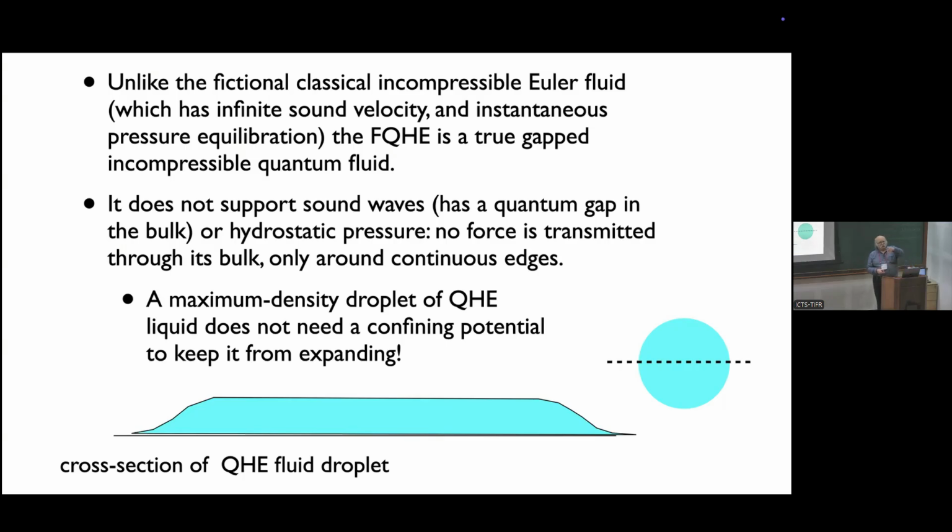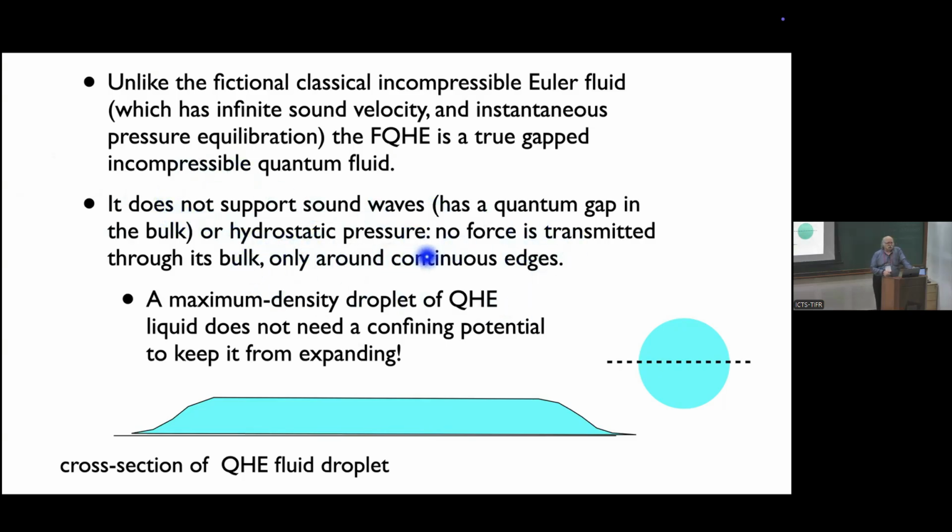It's got its own autonomous fluid velocity, which, when you solve the equations, has finite time singularities, all kinds of stuff. But the quantum Hall case is a true quantum incompressible fluid with none of this causality-violating stuff, because it does not support sound waves. It's got a quantum gap in the bulk.